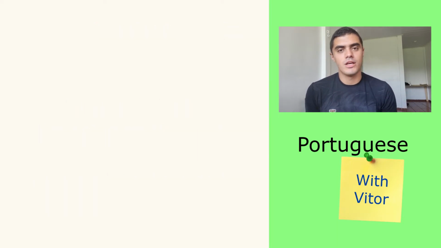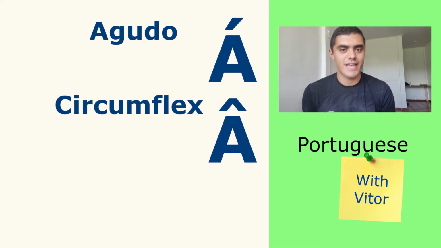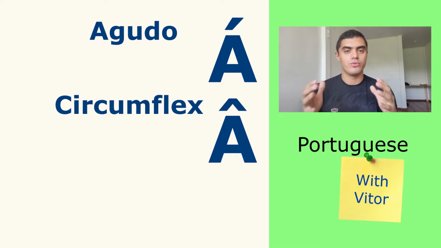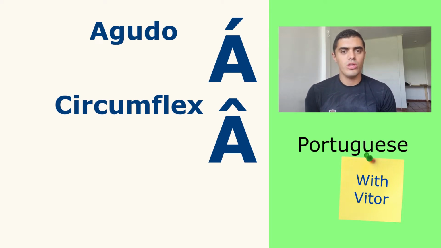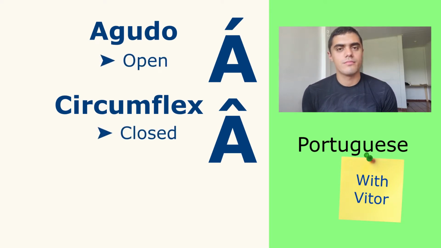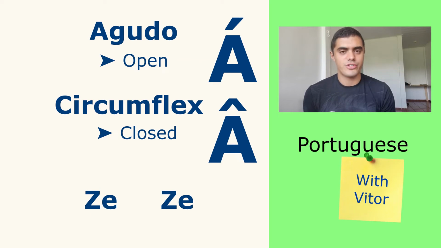Okay? So now we are going to move to the acute and the circumflex accents. They are going to have the same rule. They are almost the same thing. The difference is in the sound of the word. Every time we use the acute accent, the sound is open. For example, the word with the Z and the E after that.